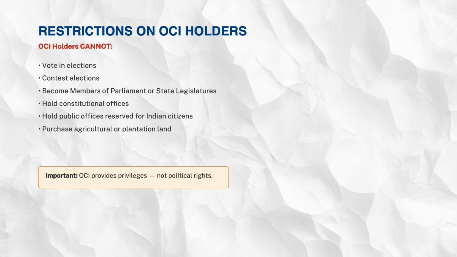They can purchase residential or private and commercial property, but not agricultural or plantation land, okay? So these are some restrictions on OCI holders. They might ask you in the examination.